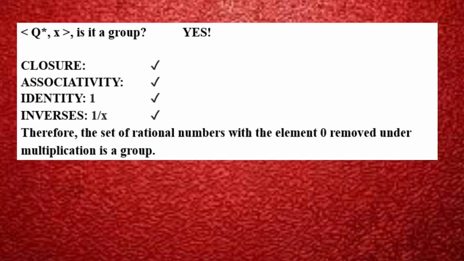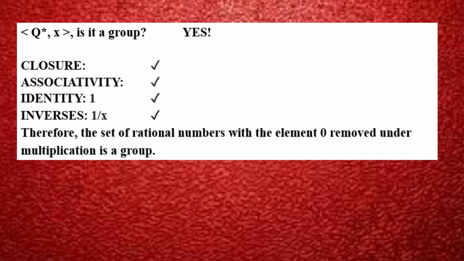We have already seen that the set of rational numbers with the element 0 removed under the operation of multiplication is closed, associative, has identity element 1, and that any element x has the inverse 1 over x. Because the set satisfies all four group properties, therefore, the set of rational numbers with the element 0 removed under multiplication is a group.